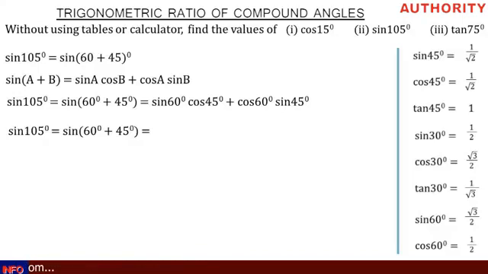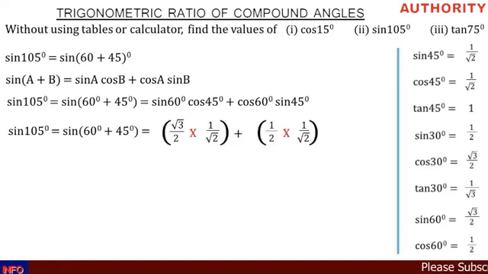Let's fix it properly now. What is the value for sine 60? Sine 60 is √3 all over 2. Then times, what is the value for cos 45 degrees? We have 1 all over √2.